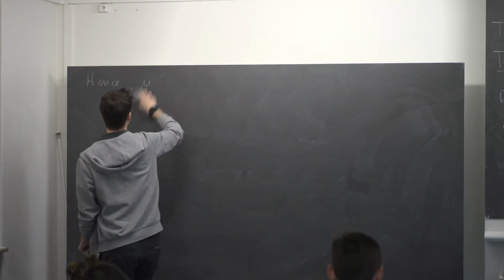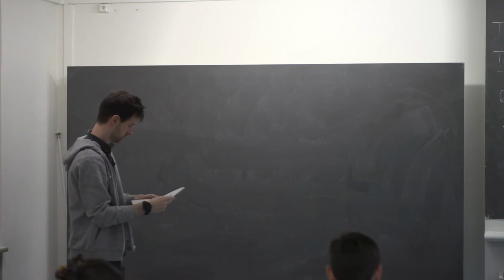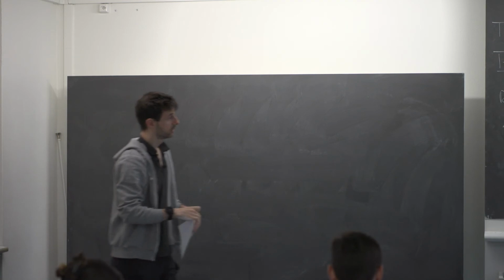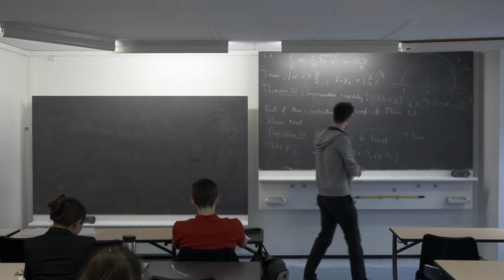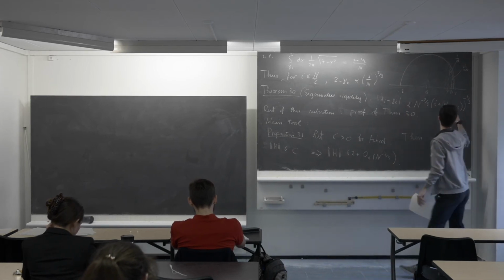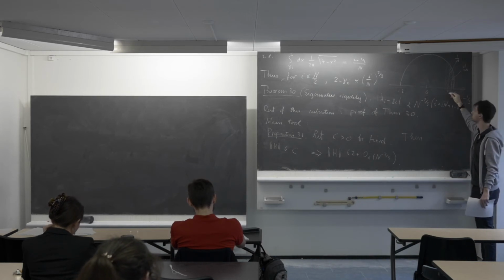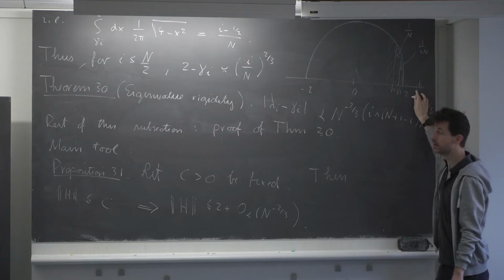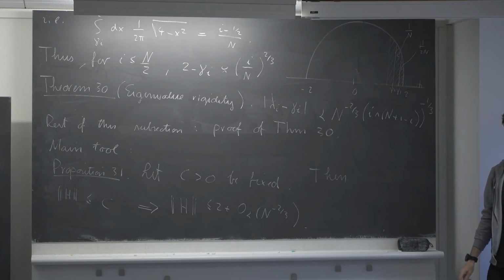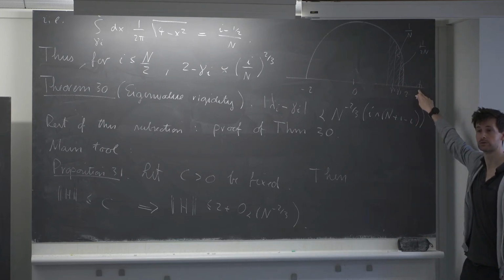Okay, so in fact, most of the work is going to be in proving this proposition 31. How does it work? We are going to use the local law, so go back to theorem 11, to get precise bounds on the Stieltjes transform if you're outside of this interval -2, 2, so we will place ourselves somewhere here, and we will use the bounds that we get from this local law, and if these bounds are precise enough, they allow you to rule out the existence of eigenvalues around this point.